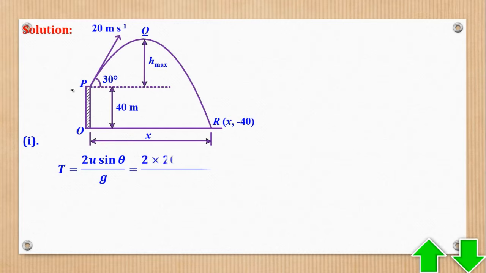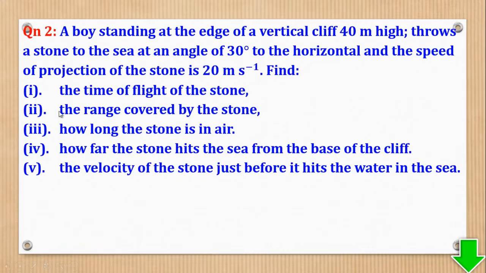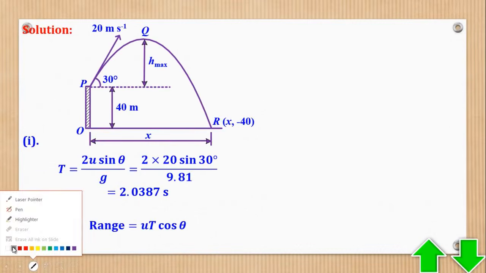So Roman 1, they want a time of flight. We shall quote the formula 2u sine theta over g. Substitute for u, theta, and g to come up with the time of flight. Then Roman 2, they want the range covered by the stone. So for range, we shall quote the formula: range is u t cos theta.